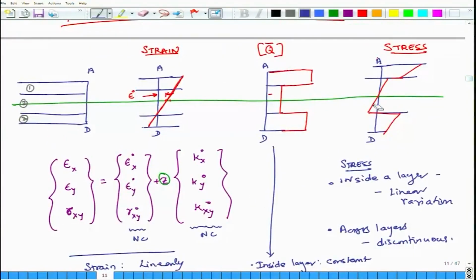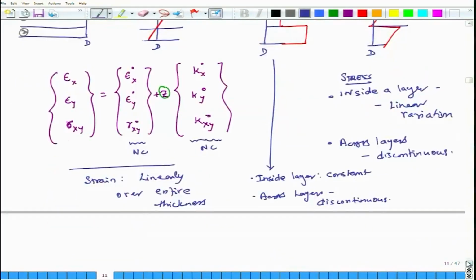So, in this case, this could be something like this. So, these are the three important observations. Strain varies linearly along the entire thickness of the composite. The Q bar matrix and elastic properties are constant within a layer, but across layers they jump and they are discontinuous, and stress is discontinuous across layers, but within a layer it varies linearly.